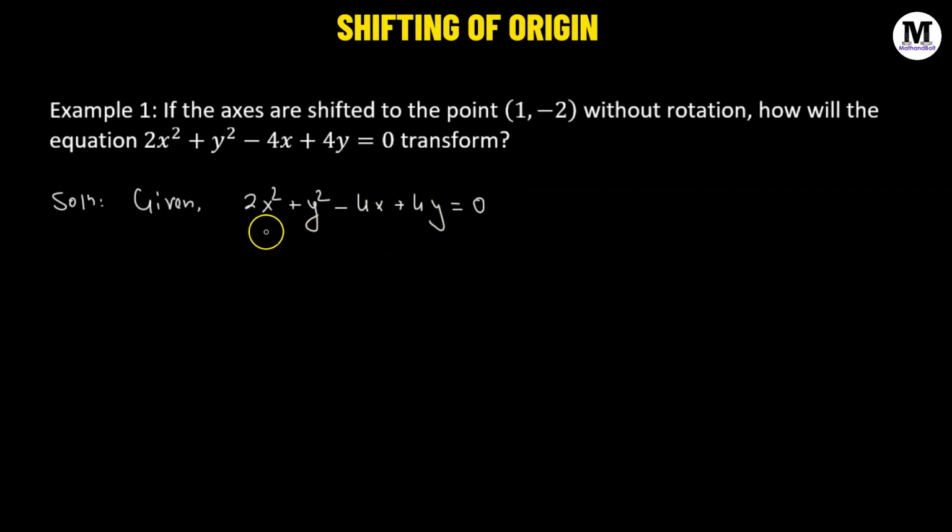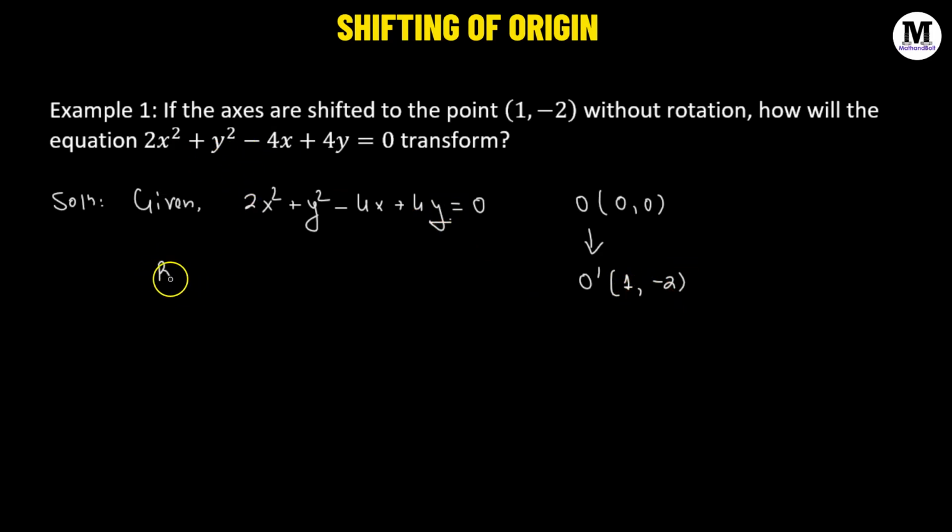It would also mean that this equation has been expressed taking the origin to be at (0, 0). Now what we have to show is that this has been transformed to a new location O prime with coordinate (1, -2). So what is going to be the new transformed equation?